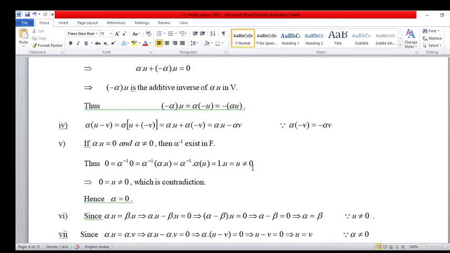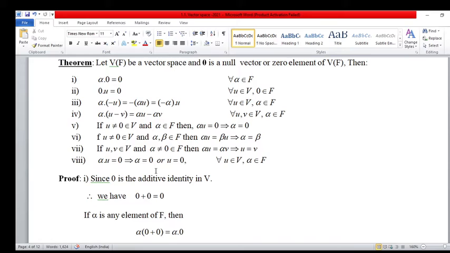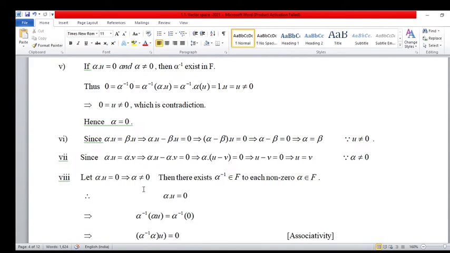Here 0 and here not 0. So this is a contradiction. Hence alpha is equal to 0. Fifth condition is alpha is equal to 0. Sixth condition: alpha u is equal to beta u.